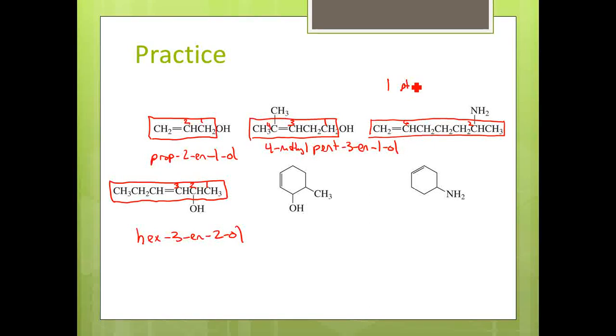So we have a heptene amine. So what we have is hept-2, or sorry, that should be a 6. Hept-6-ene-2-amine.